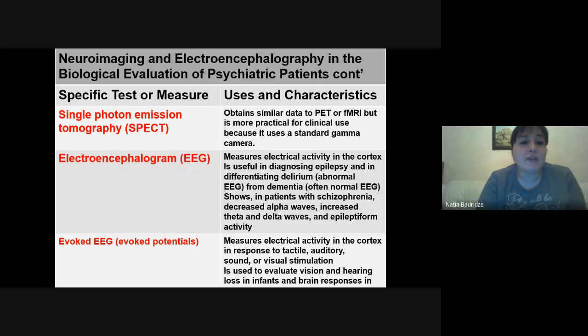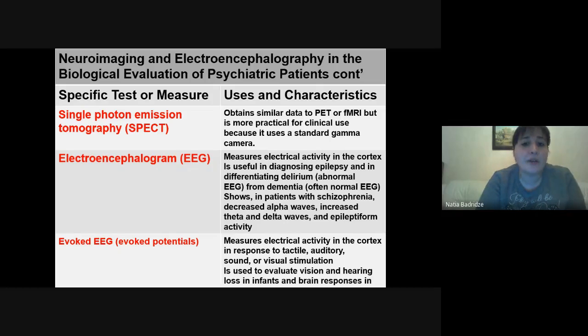EEG, or electroencephalogram, measures electrical activity of the cortex, which is very important in diagnosing epilepsy or dementia. And also we might measure the alpha waves, theta and delta waves during schizophrenia, because we know that there is a specific characteristic of brain waves during schizophrenia.